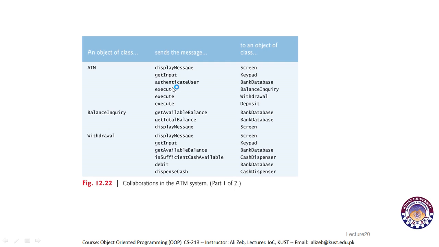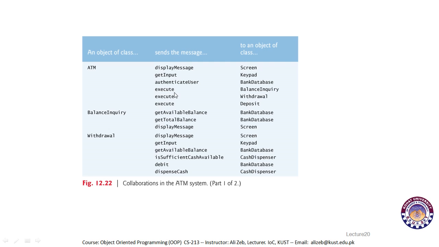It will need to send a message to the bank database class to authenticate the user. It will need to send a message to the balance inquiry class to execute a transaction. Similarly, it will need to send a message to the withdrawal class to execute a transaction, and to the deposit class to execute a transaction.